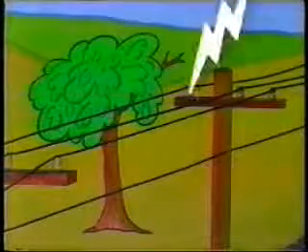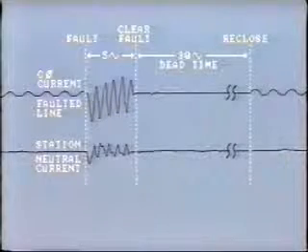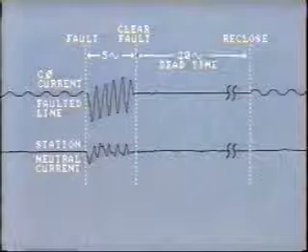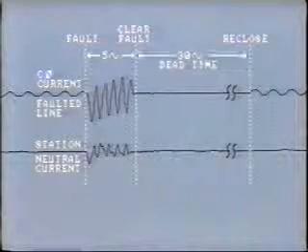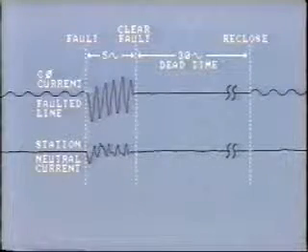It was probably caused by insulator flashover from a lightning surge, or perhaps high winds momentarily pushing a tree branch into the conductor. 30 cycles of dead time with no current flowing is usually sufficient to allow the fault arc to deionize. So when the breaker reclosed, it did not trip out again.